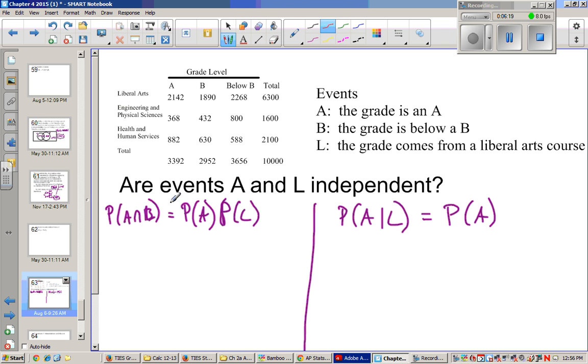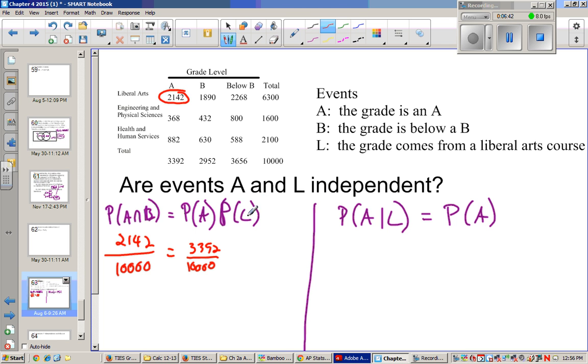So first, let's do this left side. The probability that they get an A and it's liberal arts is this number out of 10,000. The probability that they get an A is 3392 out of 10,000.